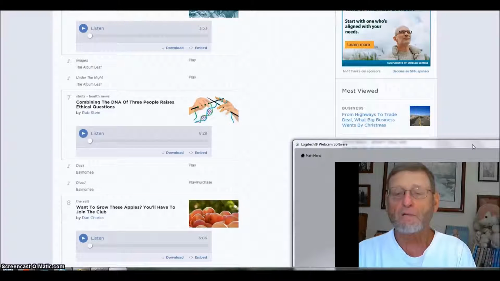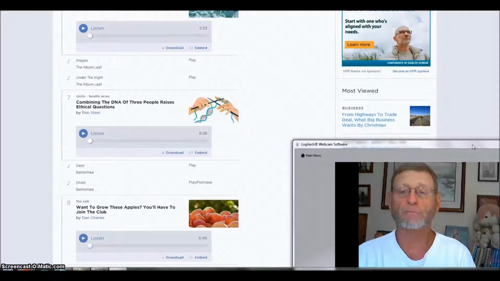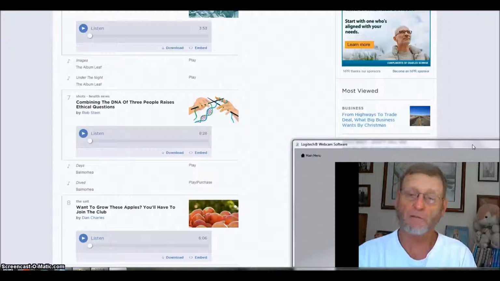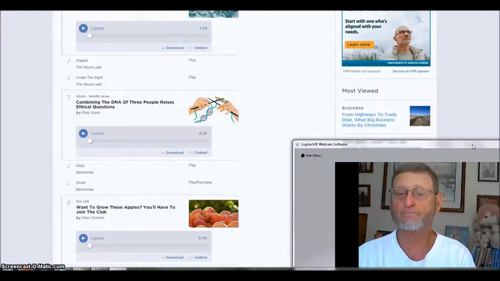Okay? Then they're going to take the egg from a woman who will be a donor. She will donate her egg. They will take the nucleus out of her egg and replace it with the nucleus from this couple. They will then take that fertilized egg, with mitochondrial DNA intact from a different woman, and implant that back into the woman so she can have a normal child.